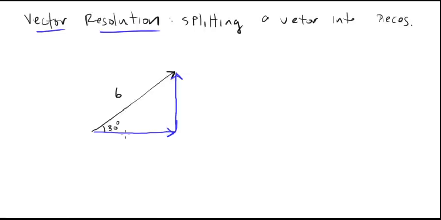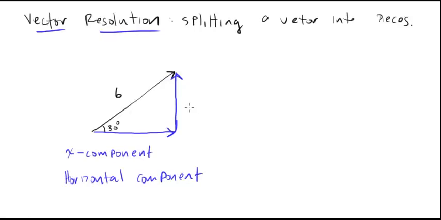And this component, the side-to-side component, is usually called the x component. Sometimes you'll hear me call this the horizontal component. And this is the y component, sometimes called the vertical component.